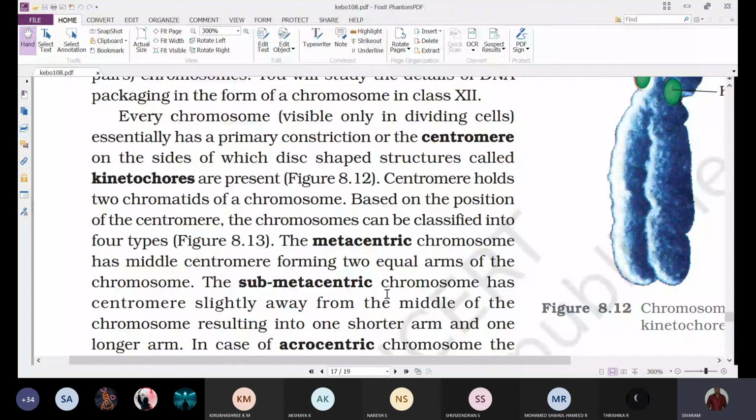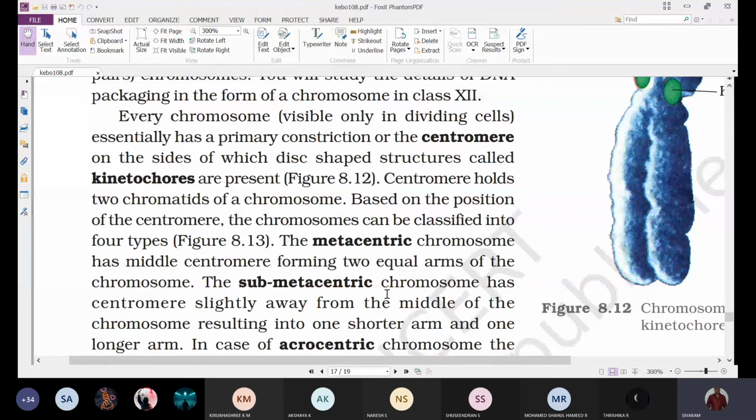Every chromosome, visible only in dividing cells, essentially has a primary constriction or centromere, on the sides of which disc-shaped structures called kinetochores are present.